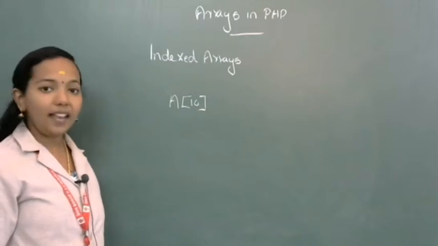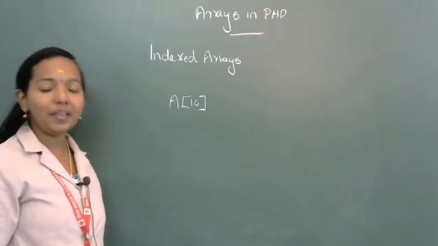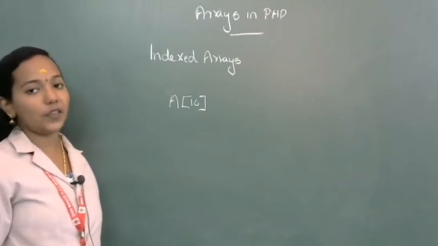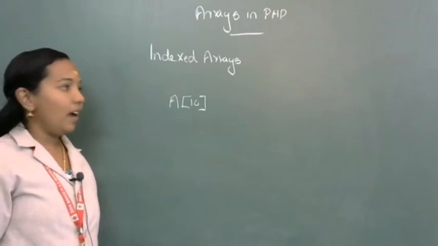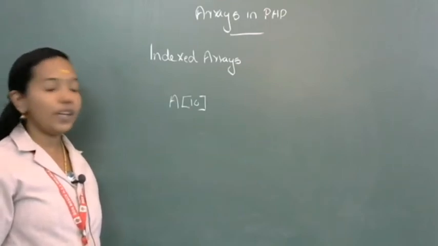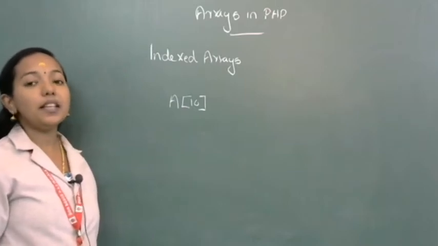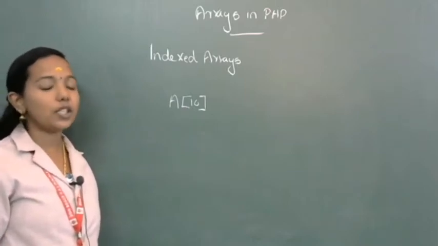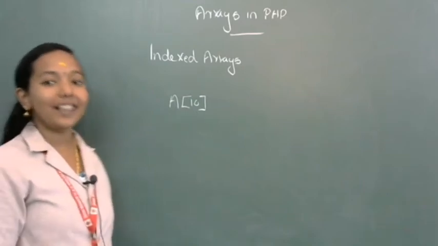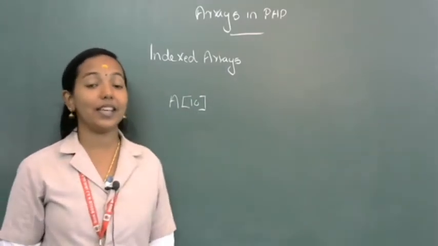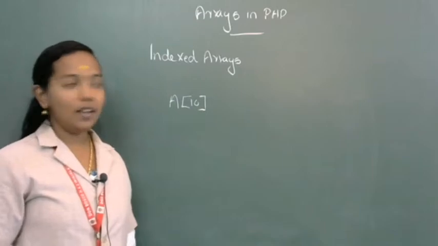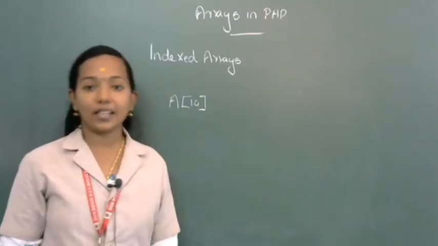The index specifies the location from which we are accessing the element. A of 10 indicates the 10th location. So, array name and index value.